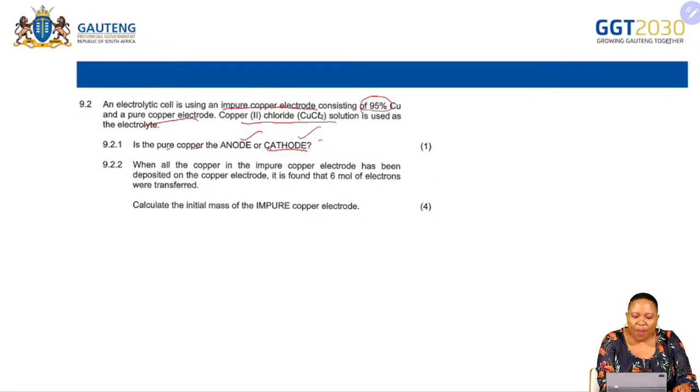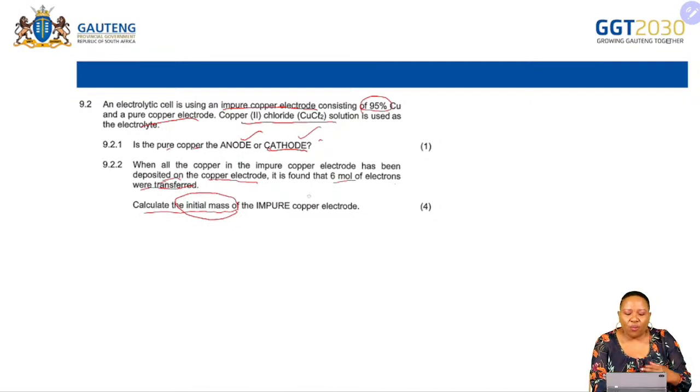When all the copper in the impure copper electrode has been deposited on the copper electrode, it is found that 6 moles of electrons were transferred. Now calculate the initial mass of impure copper. What is important here is that you need to find the number of moles of the copper that was formed so that you can find the initial mass of impure copper.